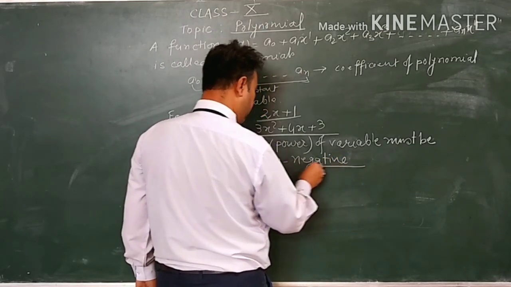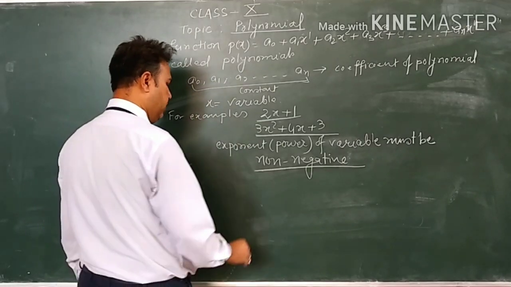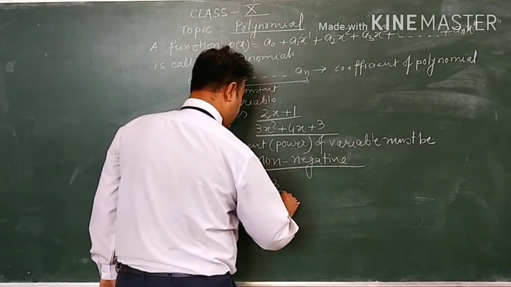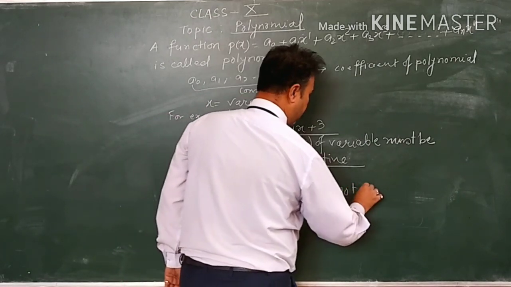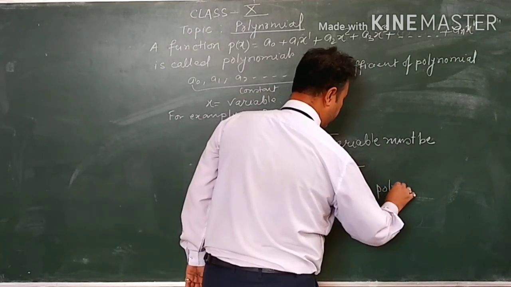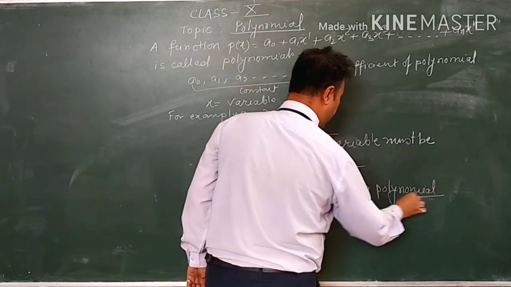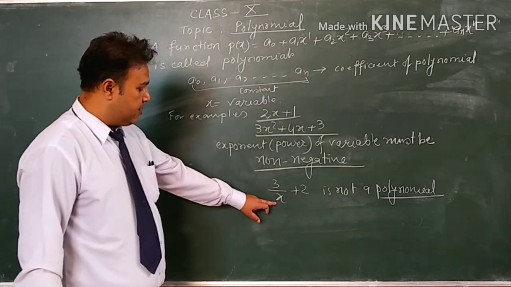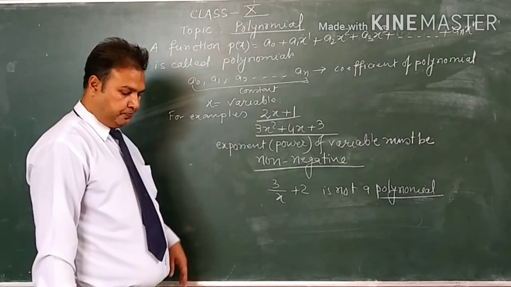Non-negative means it is never negative. It should be positive. For example, 3 upon x plus 2 is not a polynomial because the exponent of x will be minus. Clear?